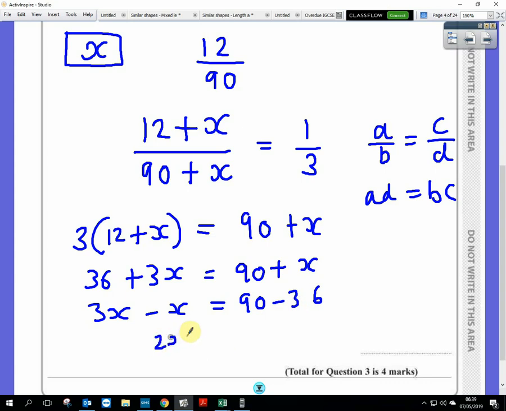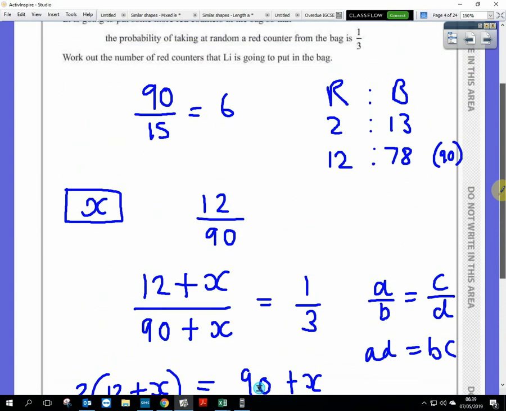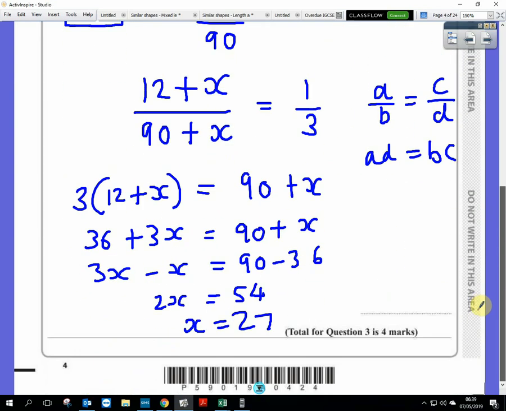That's 2X is equal to 54, and that means X is equal to 27. So the question says, how many red counters did Lee add to the bag? Well, we called that X, and we've just figured out X is 27.